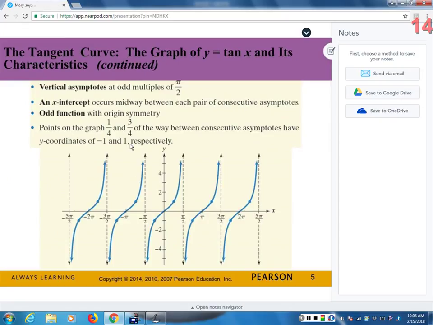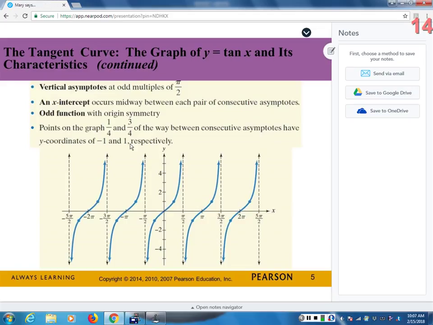And notice an x-intercept occurs midway between each pair of consecutive asymptotes. So we're going to use that. We're going to find the asymptotes, and we're going to use the fact that points on the graph a quarter and 3/4 away between the consecutive asymptotes have y coordinates of -1 and 1 respectively.